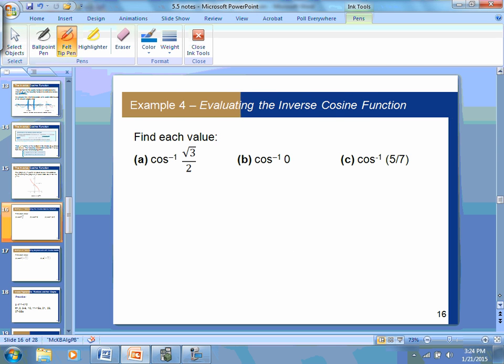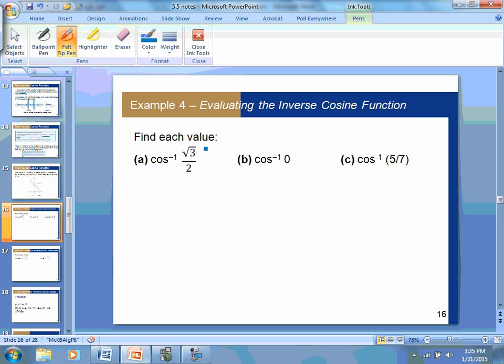Okay, so let's take a look at our examples here. Example 4. We're dealing with the inverse cosine of square root 3 over 2 for our first part here. Now we're still going to ask ourselves, okay, is this value here, the square root 3 over 2, between -1 and 1?